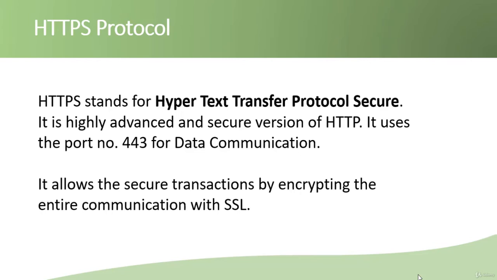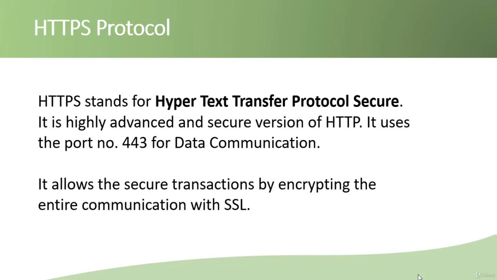So HTTPS is basically the version of the HTTP protocol that is secure. HTTP is built on port number 80, and HTTPS uses port 443, which means the HTTP protocol that uses SSL. What does this mean, that it allows secure transactions by encrypting the entire communication with SSL?